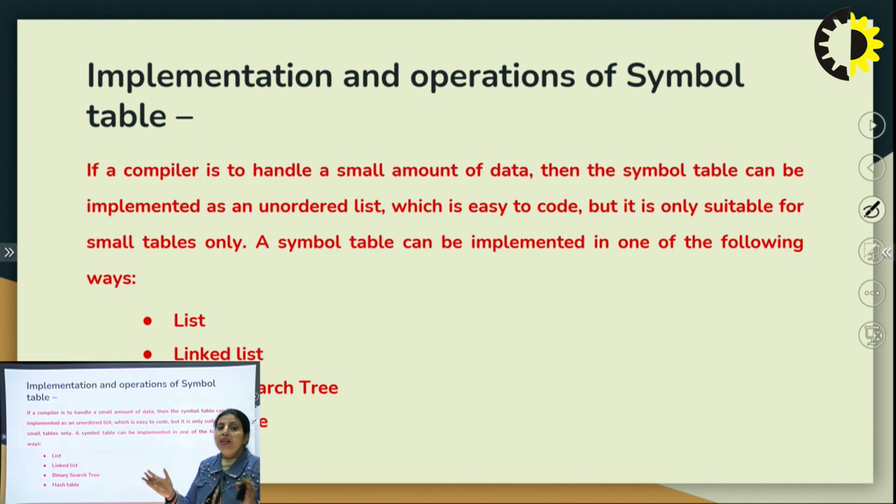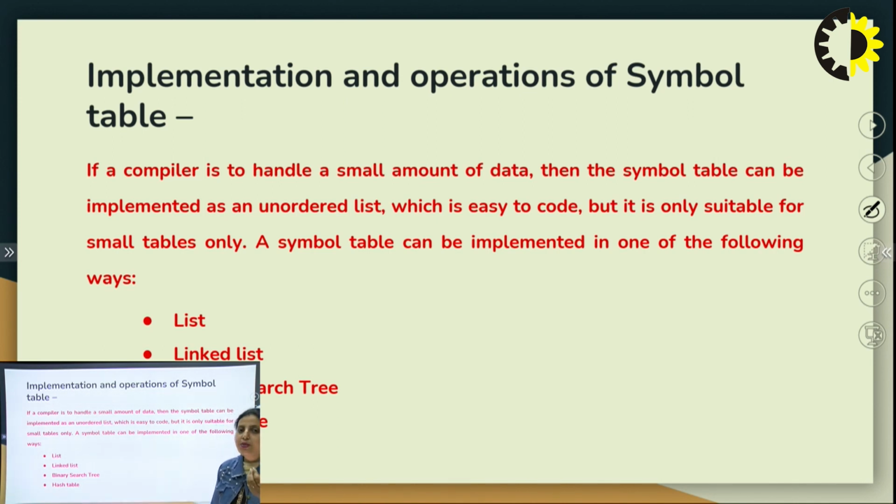How we organize that data, that is the implementation, means how we implement that data in the symbol table. If a compiler is to handle a small amount of data, then the symbol table can be implemented as an unsorted list.